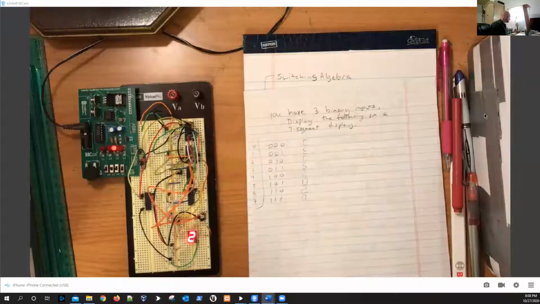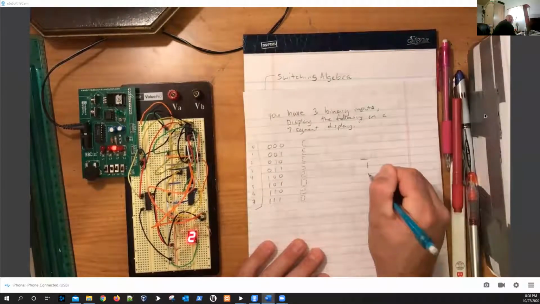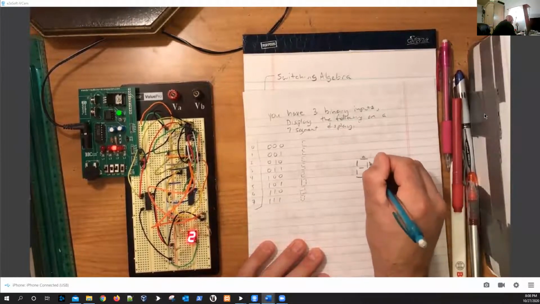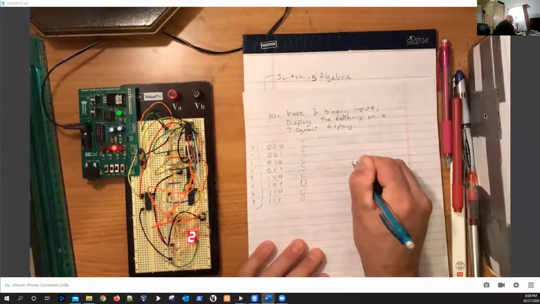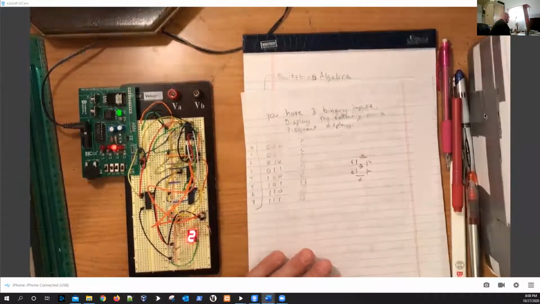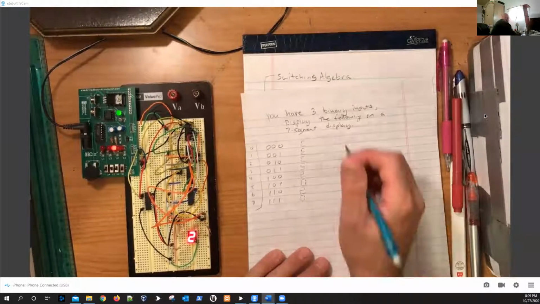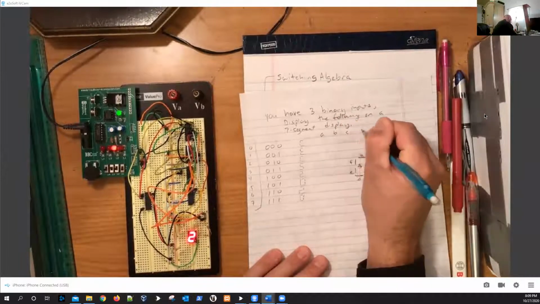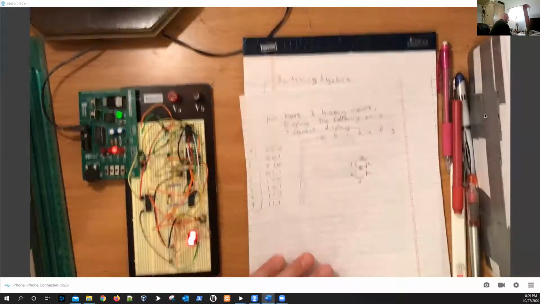So let me do a bigger drawing here of the 7-segment display. This is A, B, C, D, E, F, and G. So if I was going to, and we're not going to do the whole thing, but I just want to show you the idea.